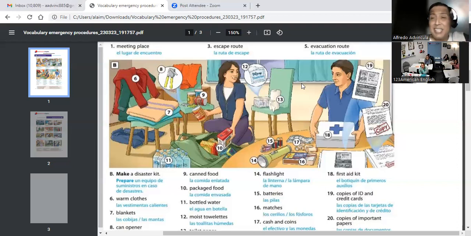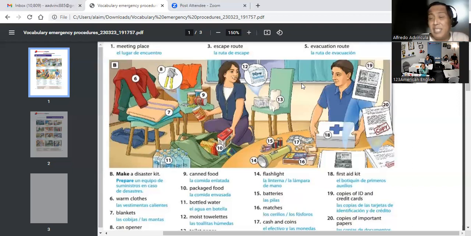Because oftentimes when there's these types of emergency, one of the first things that happens is we lose power. So if you lose power, your traditional electric everything doesn't work. So it's so important to have the flashlight with batteries, and you'll be able to move around and see things.